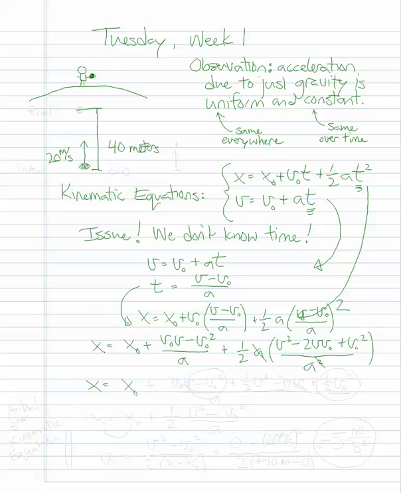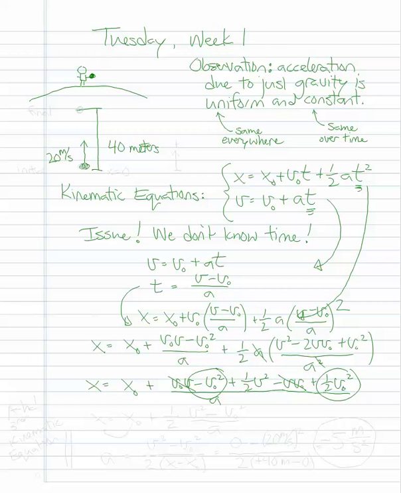So x is x naught plus, everything under a, v naught times v minus v naught, plus 1/2 v squared minus v v naught plus 1/2 v naught squared. And I see that I can do some combining. In fact, these two terms cross out right away. That's convenient. And then I can combine this term and this term.